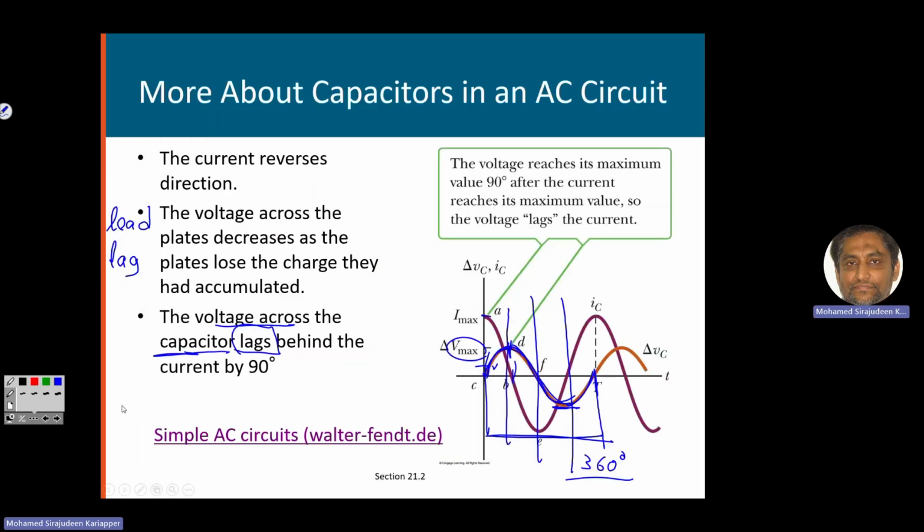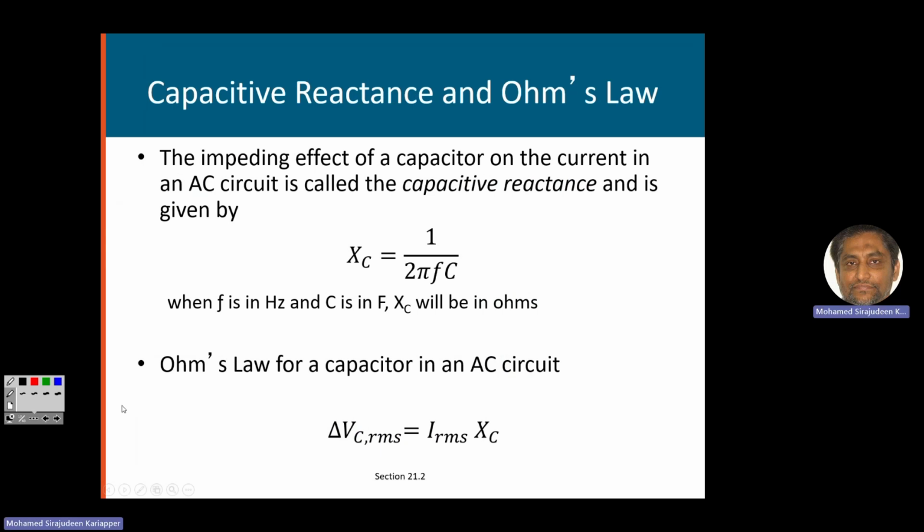Let me pause and come back to this. Right. Now, in this circuit of AC source and capacitor, like the resistor, when we have a larger voltage, the current will be larger. When you have a smaller voltage, the current will be smaller. But there is a lag between them.